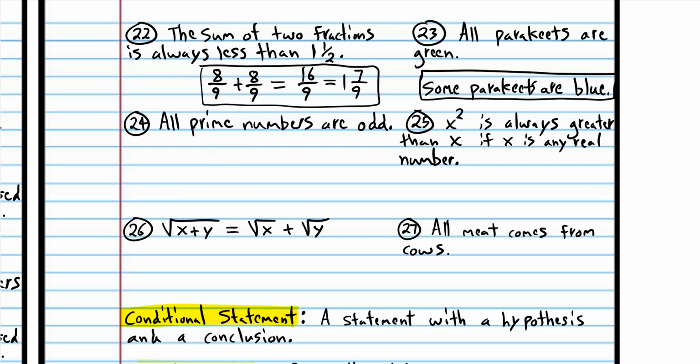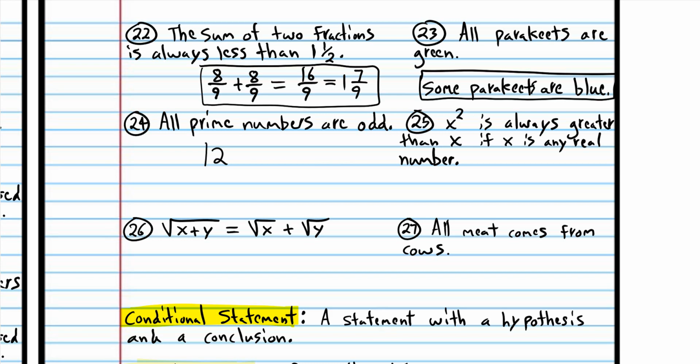All right, we're back. All prime numbers are odd. So it is true that almost every single prime number is odd. 3 is odd, 5 is odd, 7 is odd, 11 is odd, 13 is odd. I mean, these are all odd prime numbers, but there's one prime number that is not odd, and that is 2.